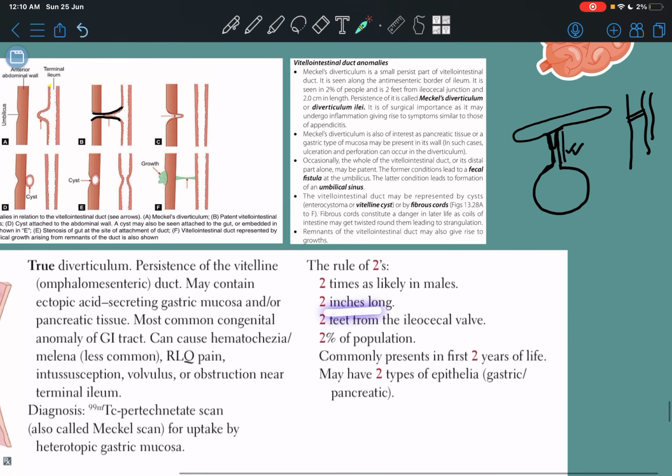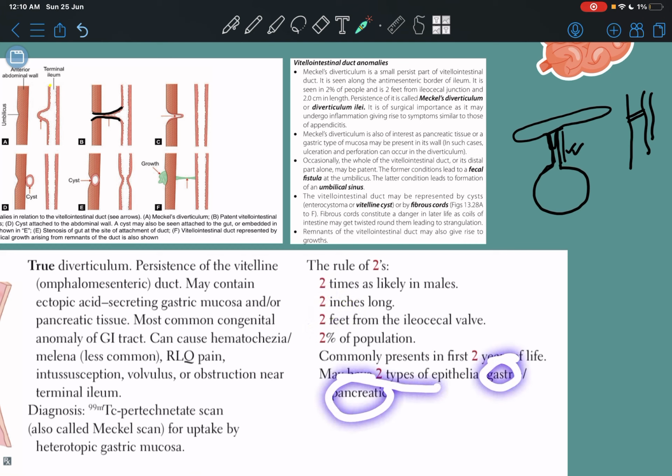So here we are getting 2 centimeter and I'm getting 2 inches. We're going to go with First Aid for now. So that is the rule of twos, making it easy for you to remember all the points about Meckel's diverticulum. 2 inches long, 2 feet from the ileocecal valve, and then obviously already discussed 2 types of epithelia can be there, gastric or pancreatic. And then first 2 years of life, 2% of population, and 2 times as likely in males.